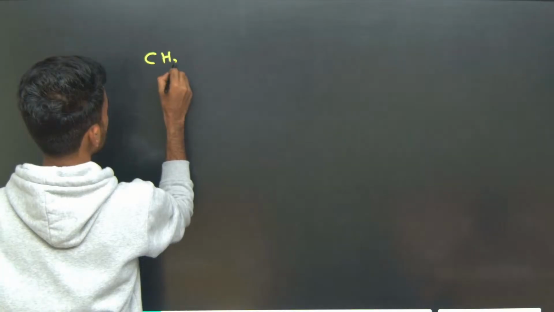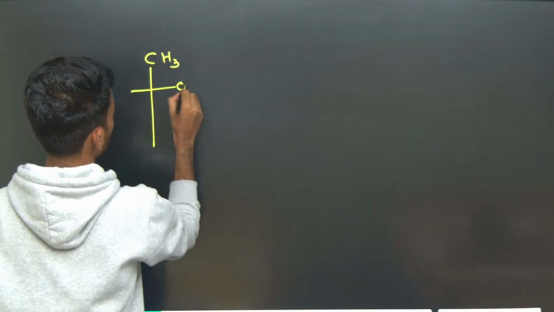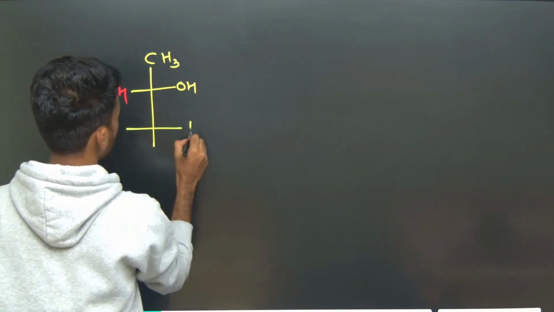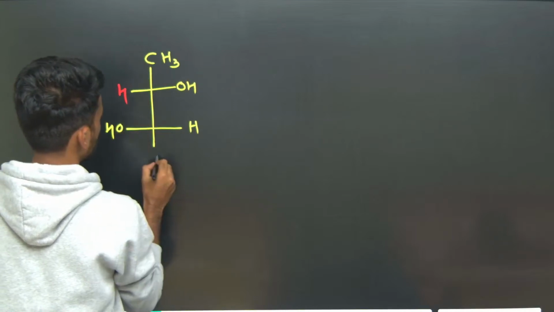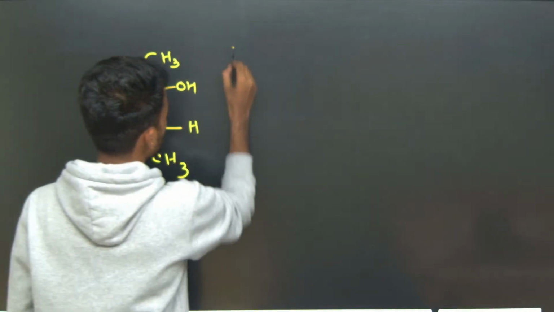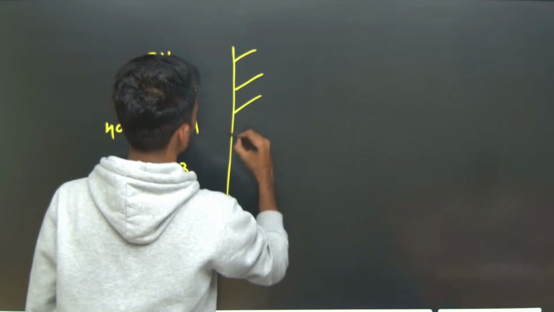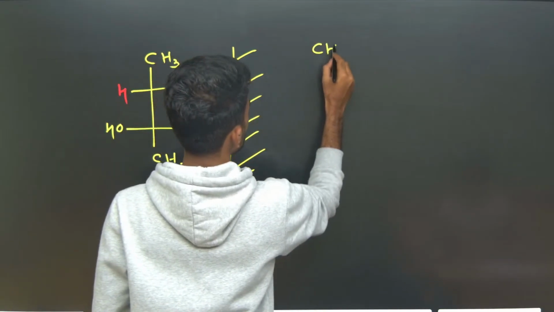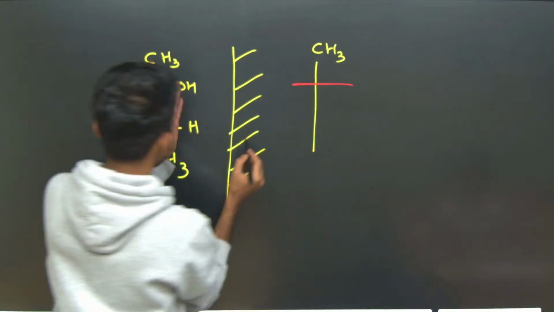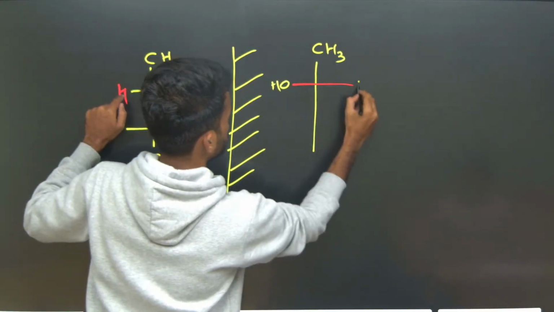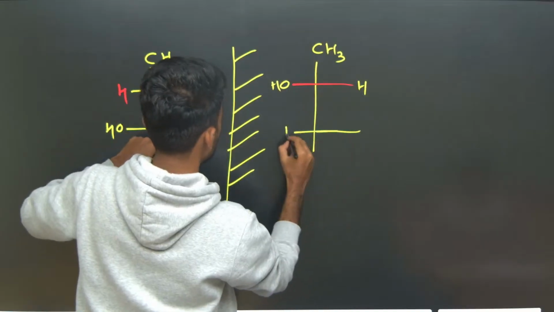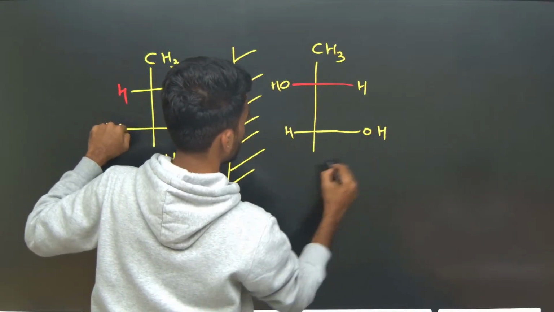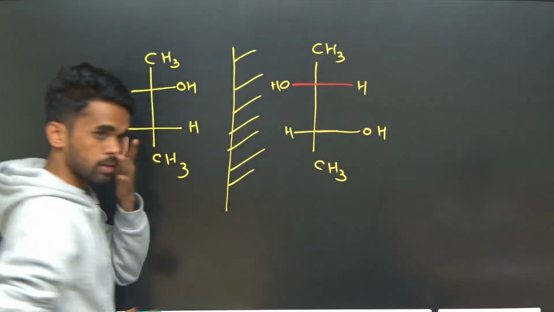Now I am taking a few molecules. See, CH3, OH, H, OH, CH3. Now tell me what is its mirror image? CH3, OH on the left side, H here, H here, CH3.